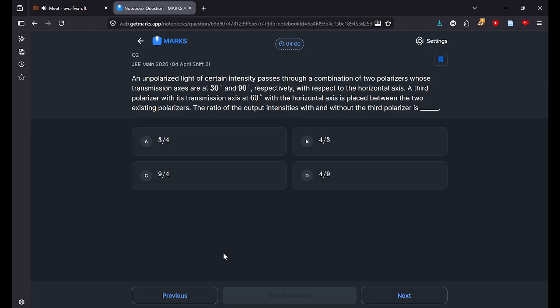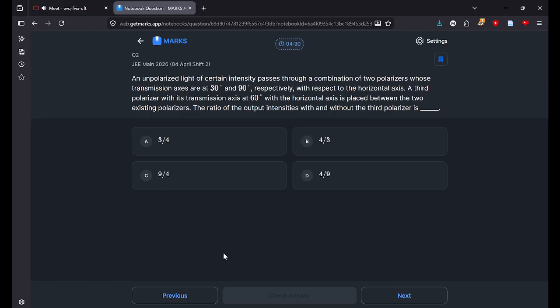So the angle between P3 and P2 is again 30 degree. So cos square 30 again gives me 3 by 4. So it is 9 I naught by 32. So this is basically the intensity in the second case, and the intensity in the first case was I naught by 8.